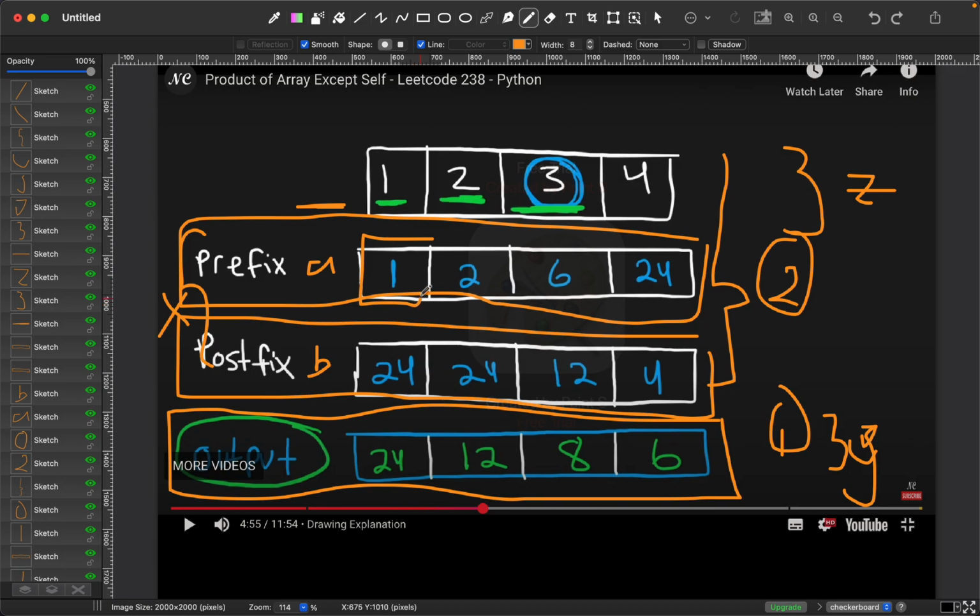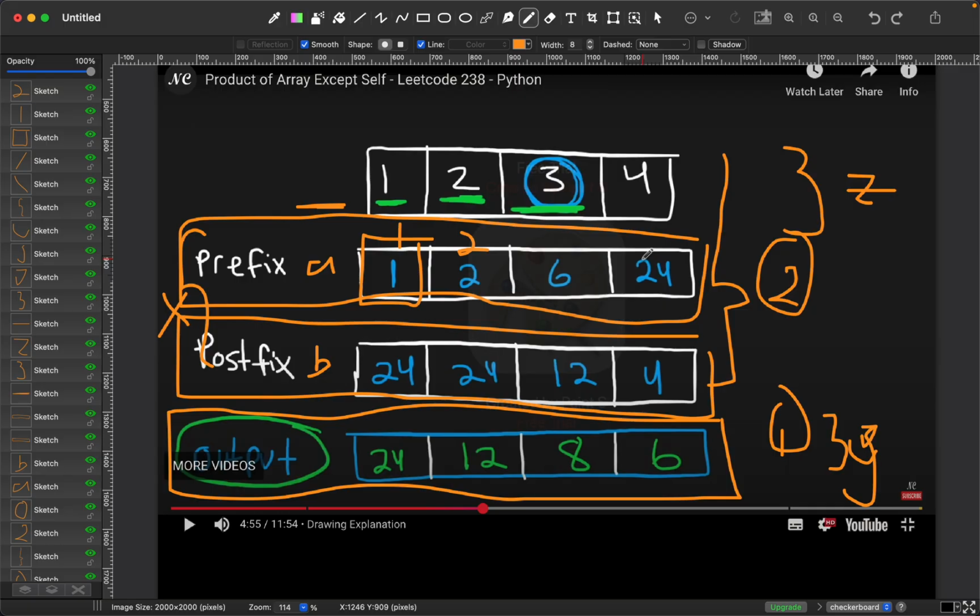This value is a byproduct of the left side and this one. 1 times 1, 1. 1 times 2, 2. 1 times 2, you get 2. 2 times 3, you get a 6. 6 times 4, you get 24.